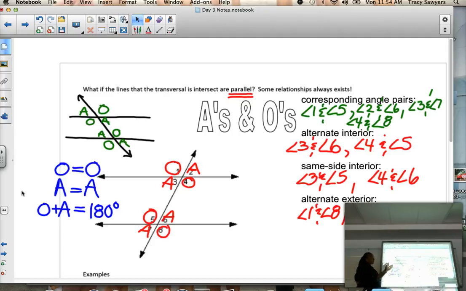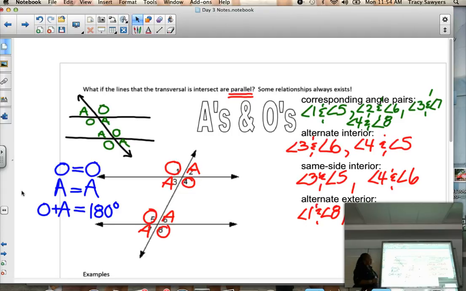Or their measures are equal. What about same side interior? Name me a pair of same side interior. 3 and 5. What do you know about their measures? And what do we call that? Supplementary. Thank you.